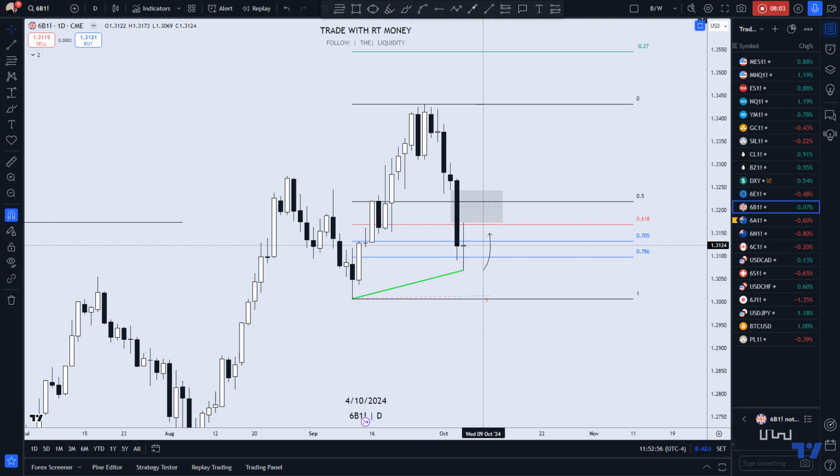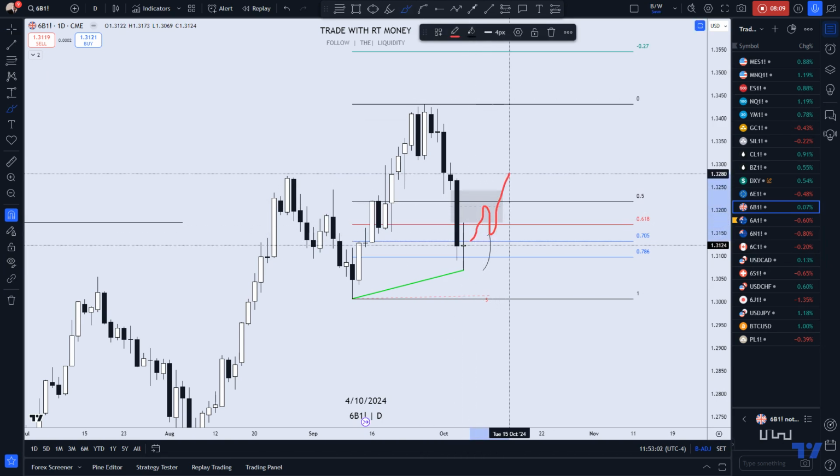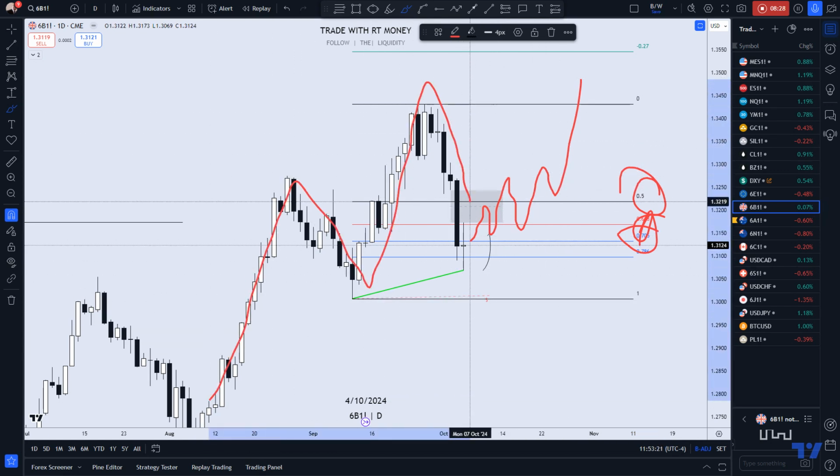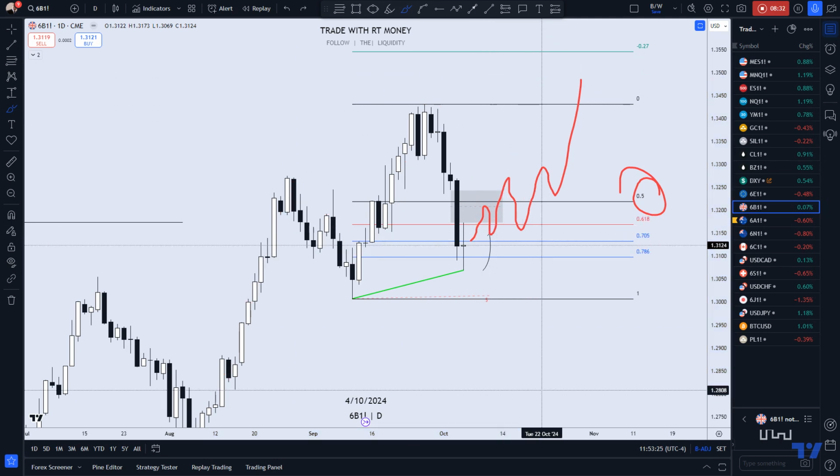What I'm looking for is price to eat its way through that fair value gap and find its footing on each one of these Fibonacci retracement levels. All right, find its support, and continue higher. So we can see a higher high, higher low, higher high, higher low, higher high. That's what I'd like to see.